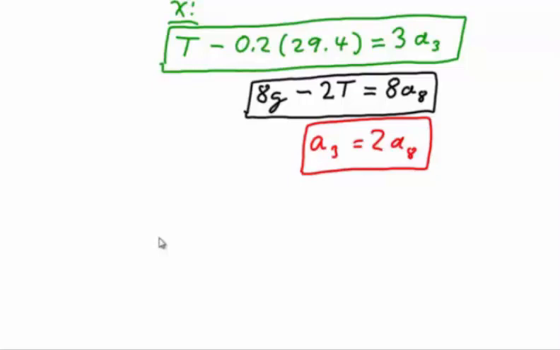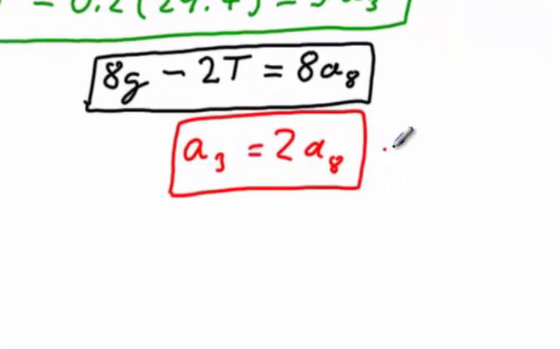The first thing we're going to do is eliminate the variable A8, because the problem itself asks us to solve for the acceleration of the 3 kilogram mass known as A3. We see that A8 is half of A3, and we'll substitute that result into the second of our two equations, yielding us the following pair.